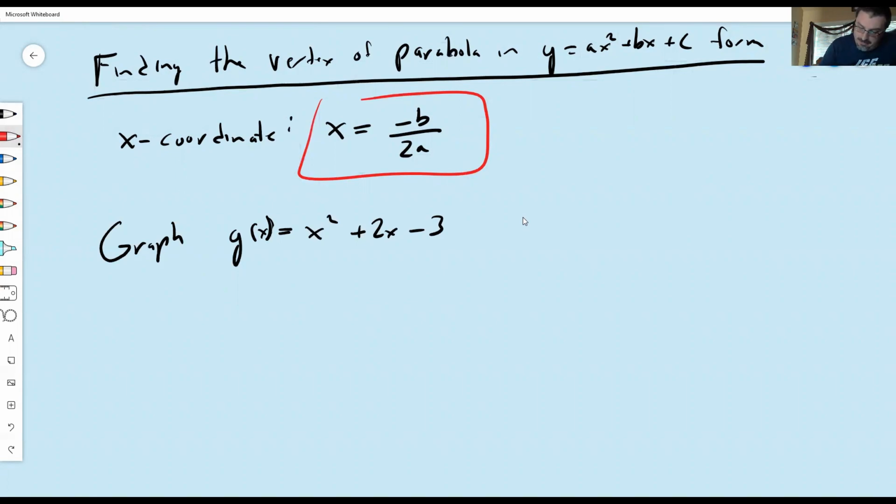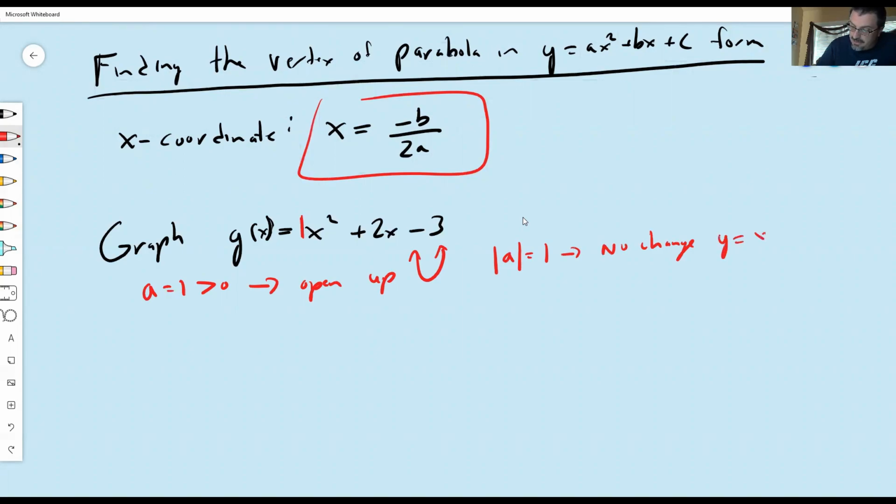A is the number in front, right? So a is 1, which is greater than 0, so it opens up. The absolute value of a is also 1. And we said last time, there's no change from the base form of y equals x squared.